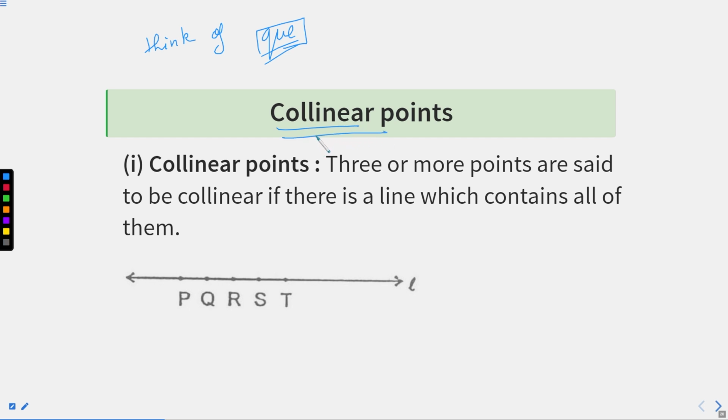So this is an example of collinearity. In schools, if you think of the morning prayer, all students stand one after another.